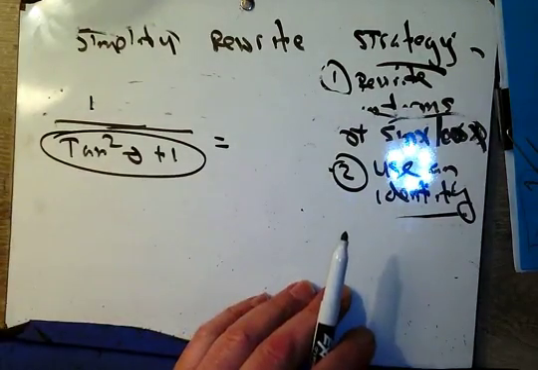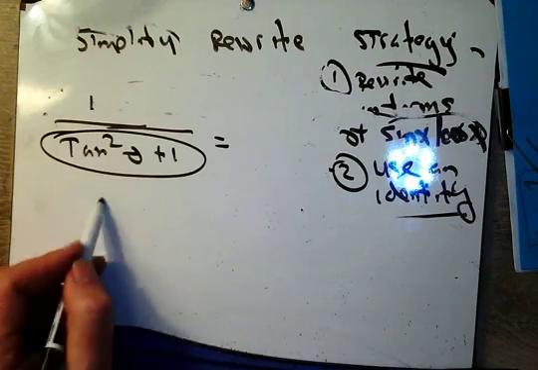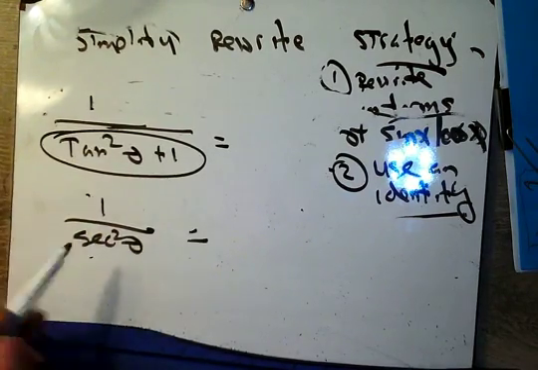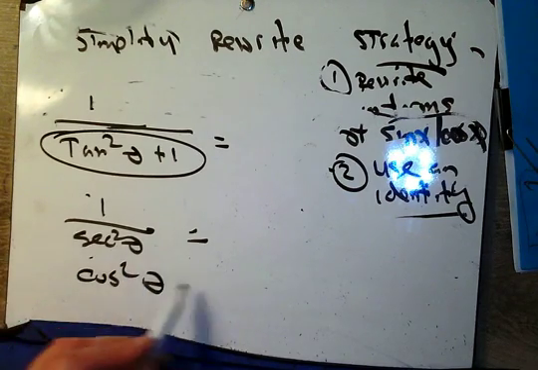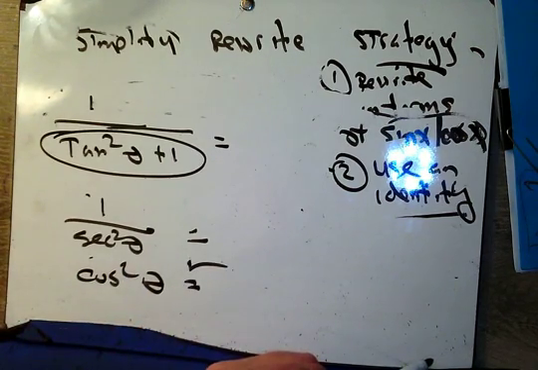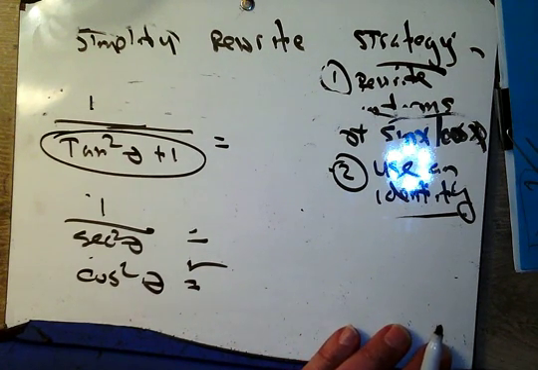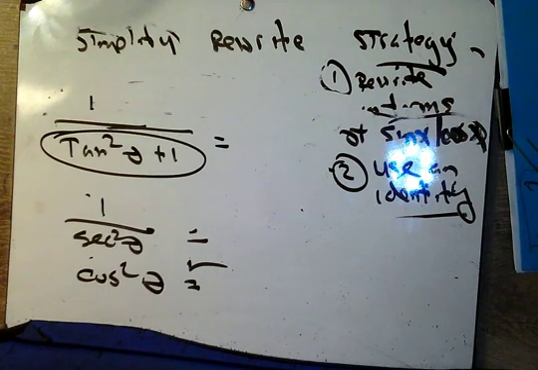Instead, I know my identities, and I know 1 plus tangent squared is secant squared. And I know that 1 over secant squared is cosine squared, and so I'm done. There are lots of ways to do these problems. Some of them are inefficient, and some of them are efficient. And here's what I can't tell you.